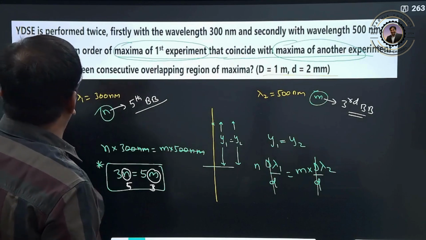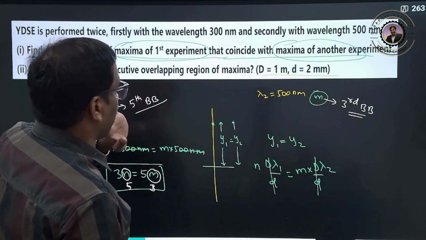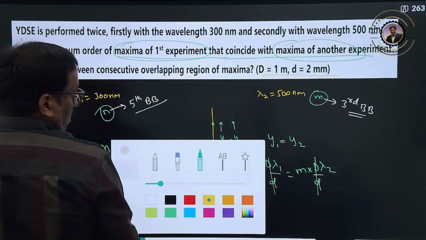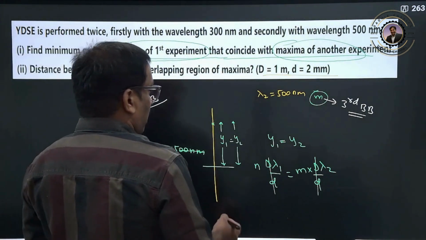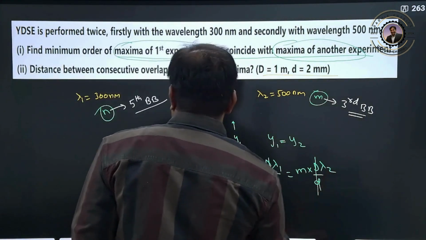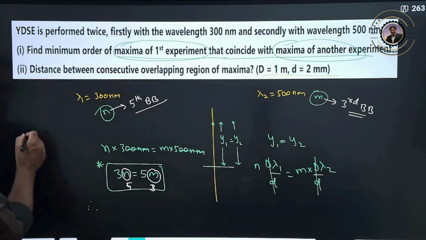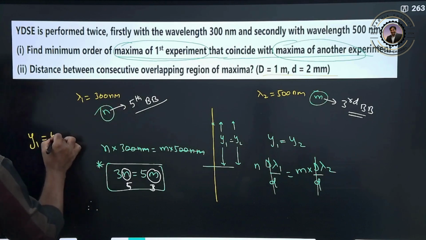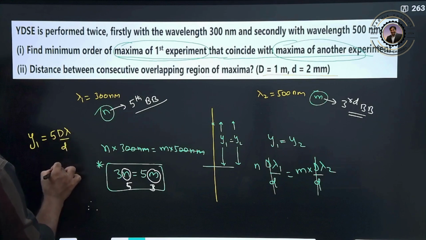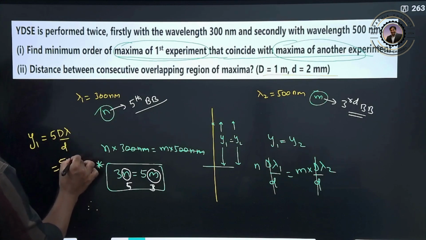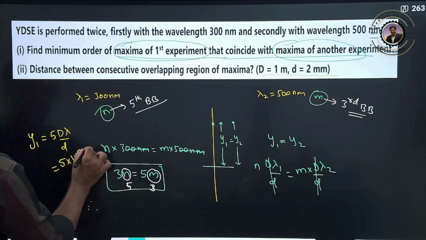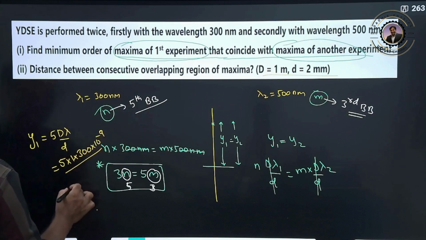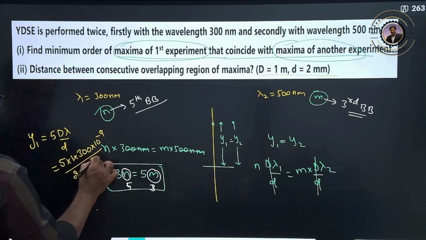Then it is asking the distance between the consecutive overlapping of maximas. The distance is the same, therefore you can calculate either y1 or y2, because both will come the same. So I will calculate y1, which is 5 D lambda by d, so 5 into D, where D is 1, lambda is 300 nanometer, 10 to the power of minus 9, divided by 2 millimeter, 2 into 10 to the power of minus 3.